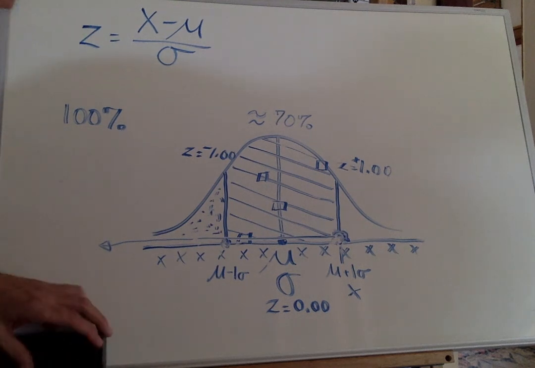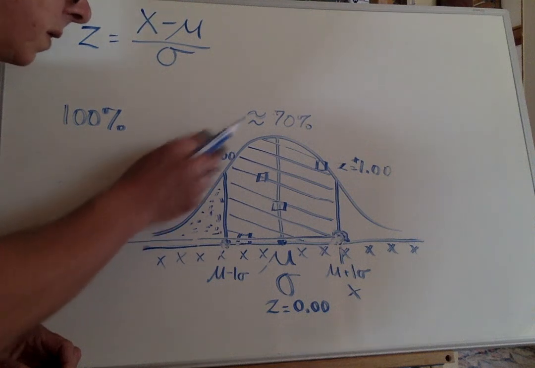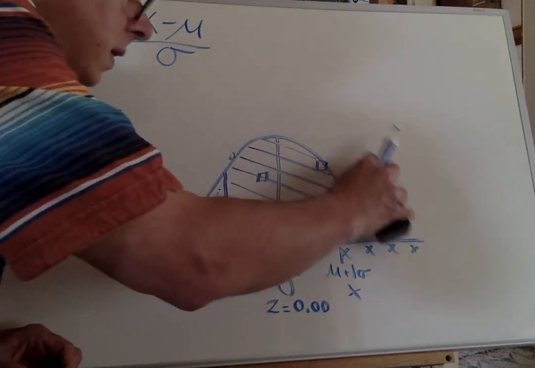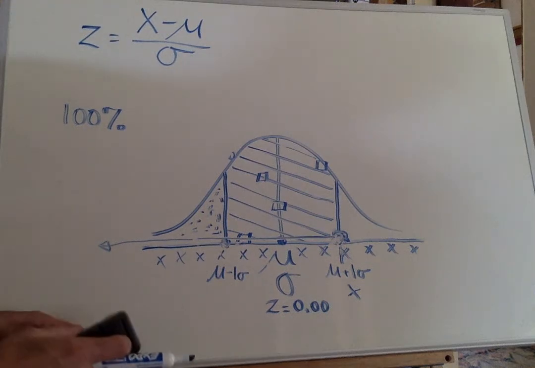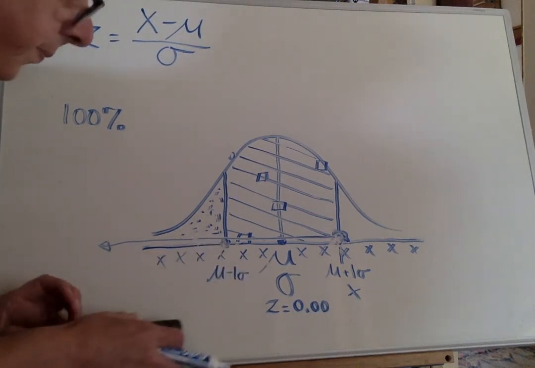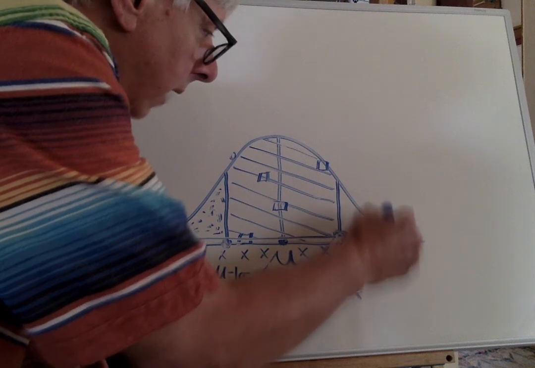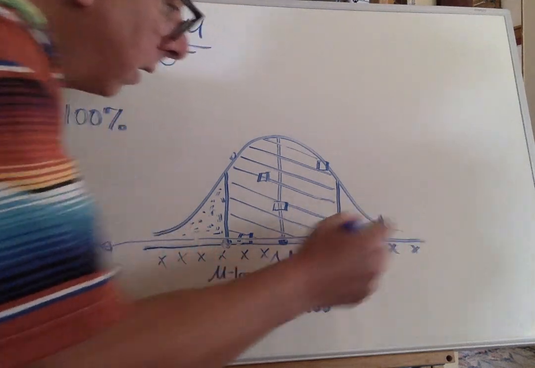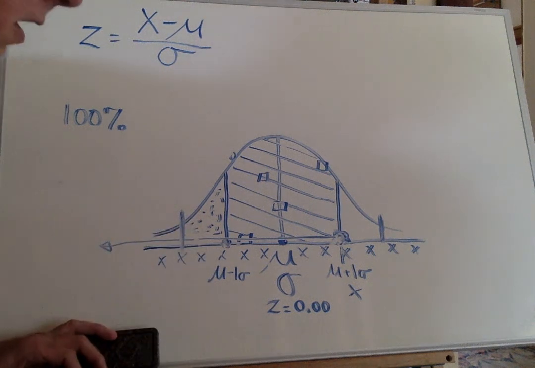Okay, so now let's see if I can do this here. I'm going to erase these values. I'm going to go out now to a score which would look about like this, for any distribution.